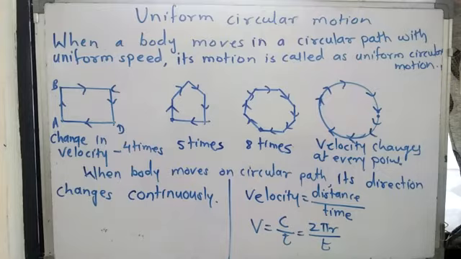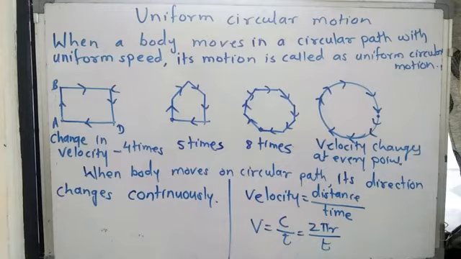Okay, if the object is moving on the circular path, its direction changes continuously. Speed is constant, but its direction changes continuously. So as its direction changes continuously, we can say the velocity of an object changes at every point. So when object moves on a circular path, its direction changes continuously, means its velocity changes continuously.